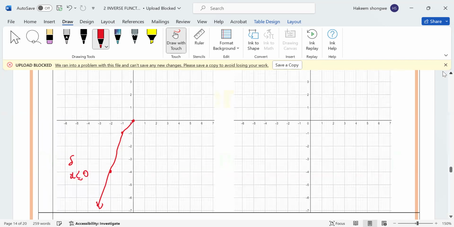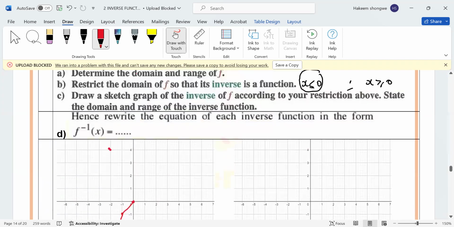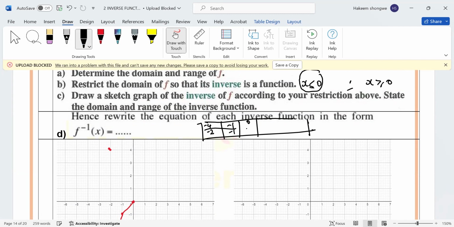Now, what did they say we should do here? They say we should sketch the graph of the inverse according to the restricted domain. So we're going to draw the inverse. What happens if you draw the inverse? Whatever is x is going to become y, and whatever is y is going to become x. So let's go to our table. On your table, you start with minus 4 and minus 2, then minus 1 and minus 1, then 0 is to 0.